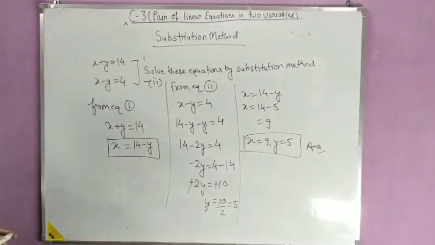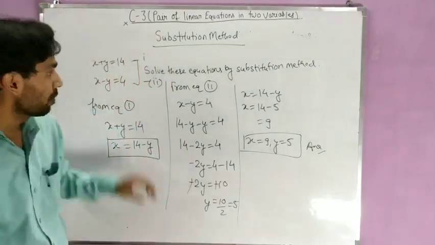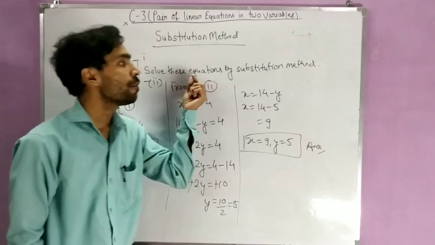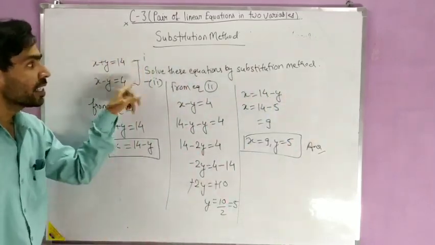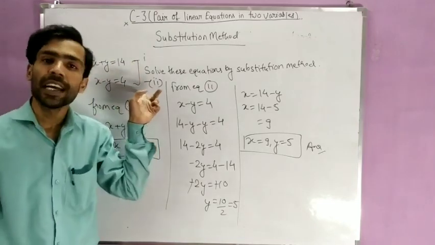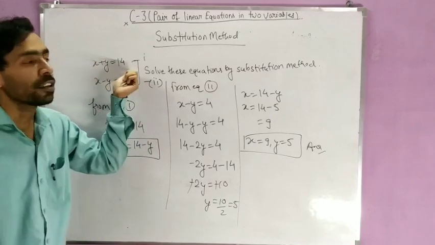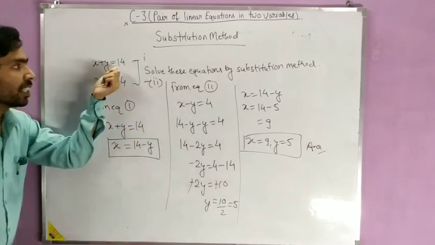Okay, one more time I am going to repeat. Suppose you have two equations given in the question and you have to use the substitution method. You can take any one of the two equations, either equation 1 or equation 2. I have taken equation 1.